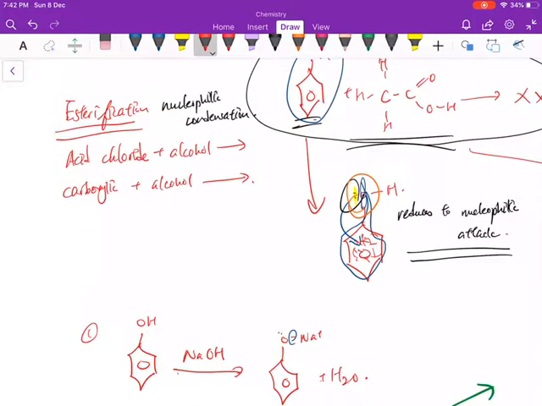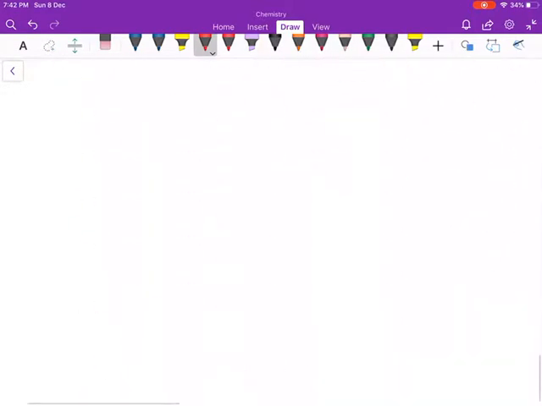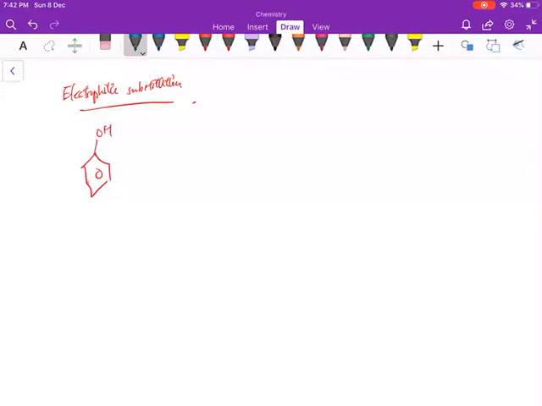So, just a few more reactions for phenol, and that will really do. Phenol can undergo esterification, and it could also undergo electrophilic substitution. If you think about it, there's still a benzene ring in phenol, and the whole process of how benzene undergoes electrophilic substitution is literally the same here.